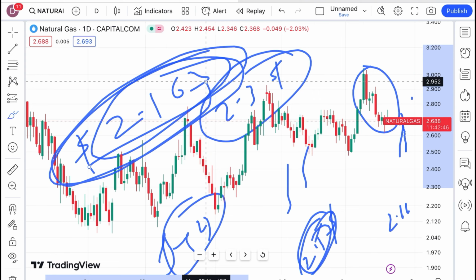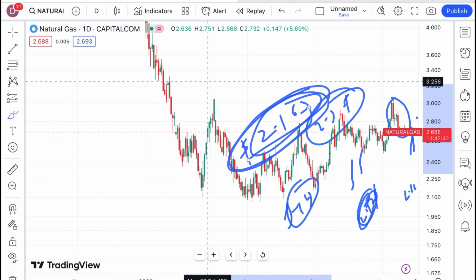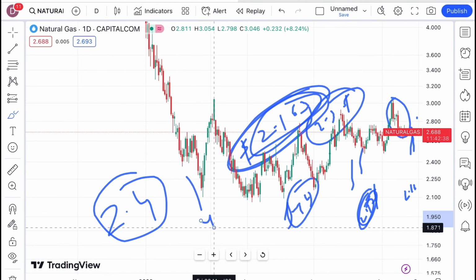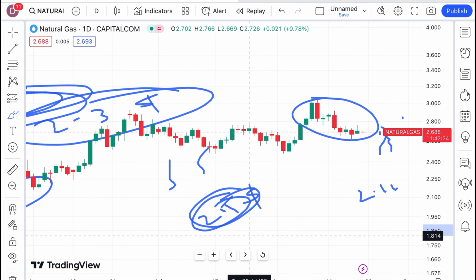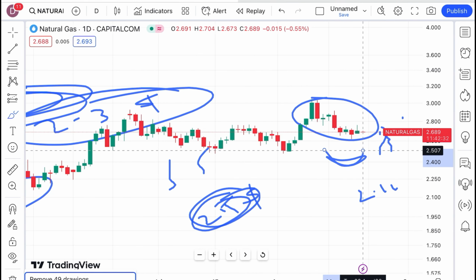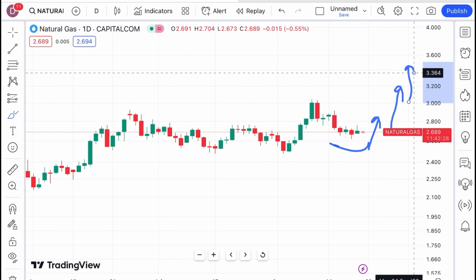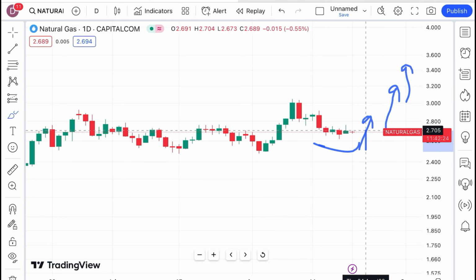Now understand something: there is a higher chance that if the price starts falling below 2.4, we can see a further fall. And if the price forms a swing at this particular level, we can see a further upside. Suppose the price sustains this level, what will happen?